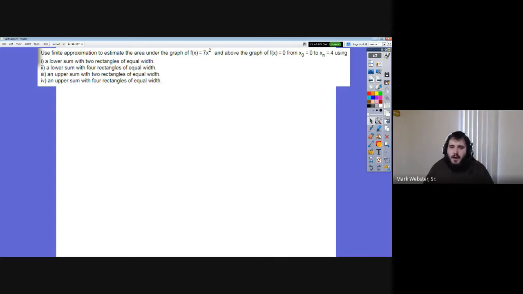So again, take a second before you do anything else. Think about what we're dealing with. We're dealing with y equals 7x squared, and we only care about this curve going from x equals 0 to x equals 4. So if we get a little picture here, at 0 we know that the y value is 0, right? 7 times 0 squared.